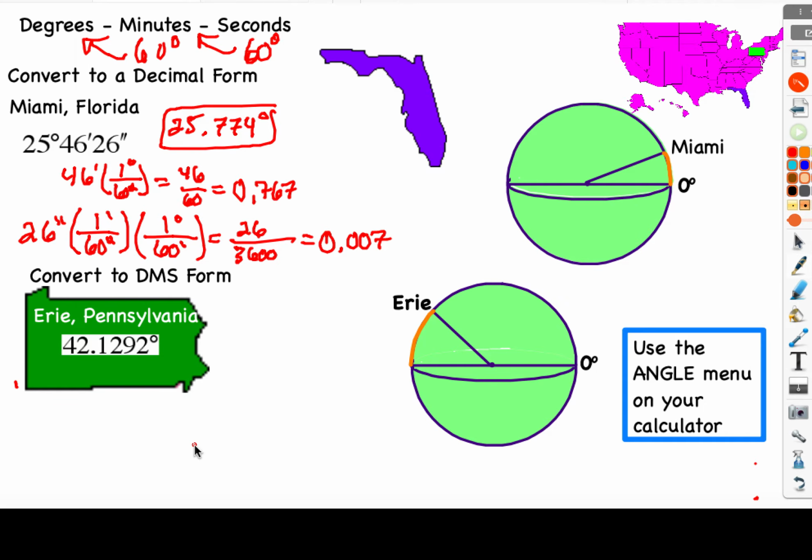Now, in that same way, we can convert the other direction as well. I know that this is a full 42 degrees down here for Erie, Pennsylvania, so I can start by saying that's 42 degrees. It's really the decimal place that I need to convert. Only this time, 1 degree is 60 minutes, single apostrophe there. So this time I'm going to multiply by 60.